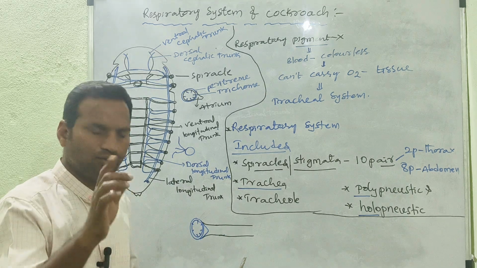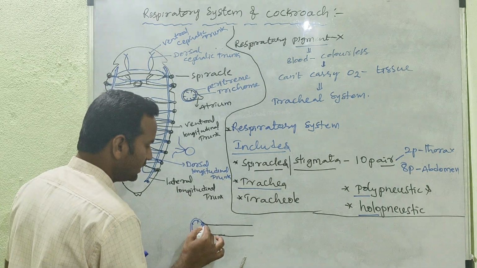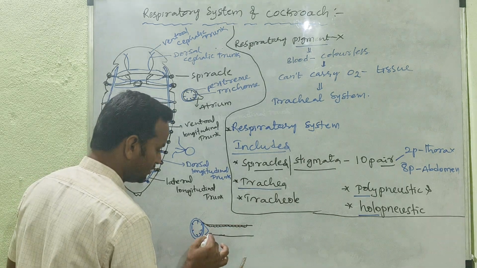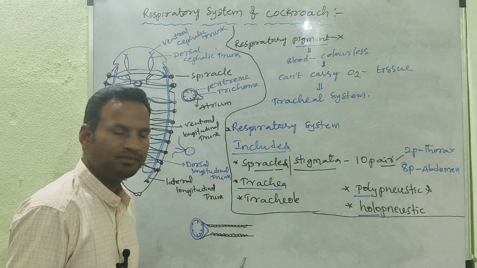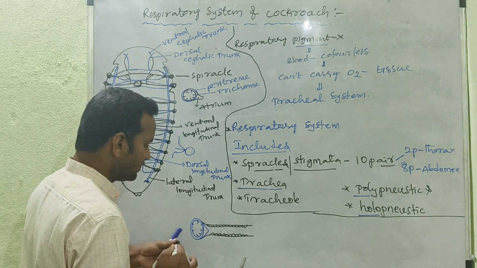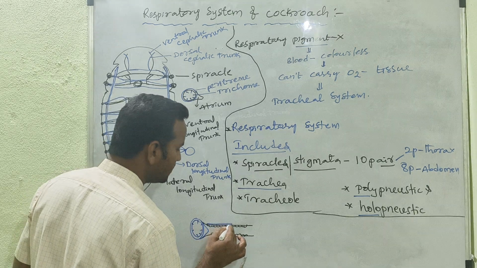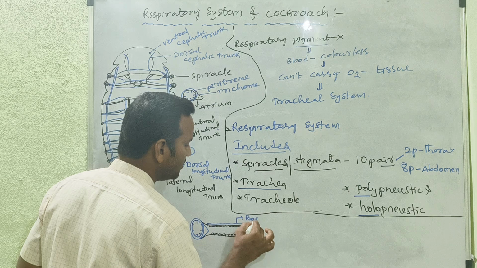The trachea. Usually the trachea is like this. The wall of the trachea is composed of mainly three membranes. The outer membrane is called what? Basement membrane. For example, this is the outer membrane. This is called the basement membrane.